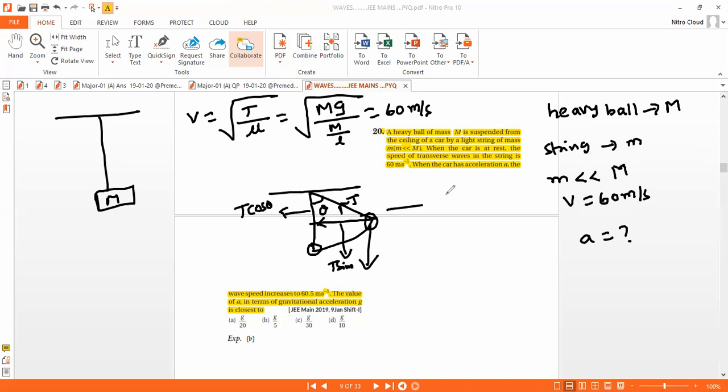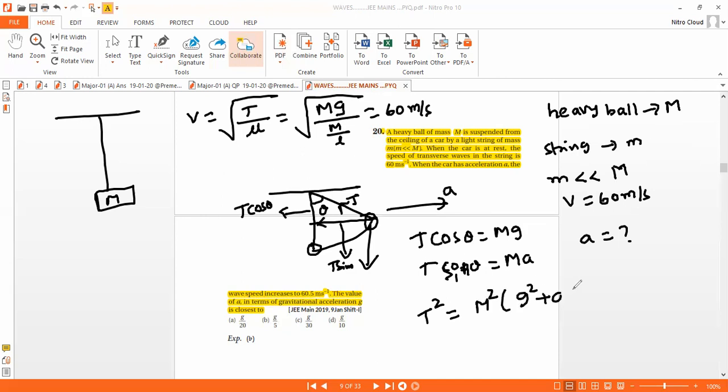Since it is accelerating, T cos theta equal to capital M into g, and T sin theta is equal to capital M into a. So T square equal to M square times g square plus a square. So T is equal to M times g square plus a square whole power half.